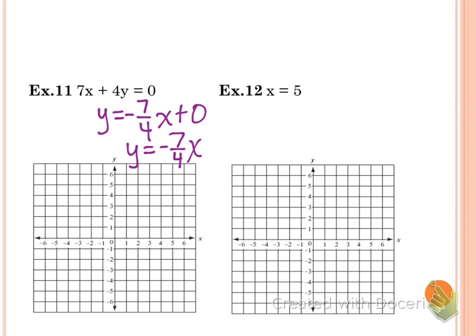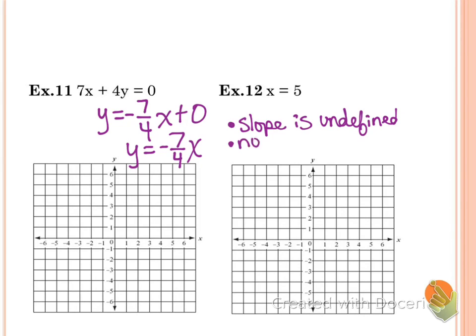All right, Jamal, what was your answer for 12? So our slope is undefined, so that's part of what leads us to what we would say about this one. What else would we need to say? So one of our reasons is that slope is undefined. No y-intercept. There's also no y-intercept.